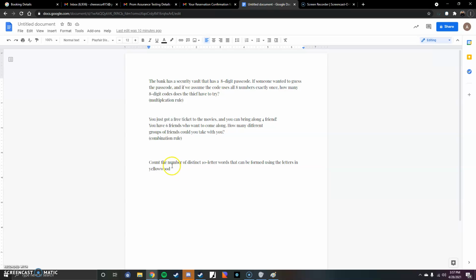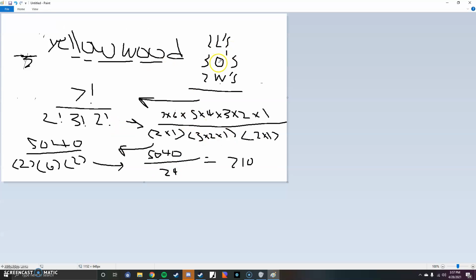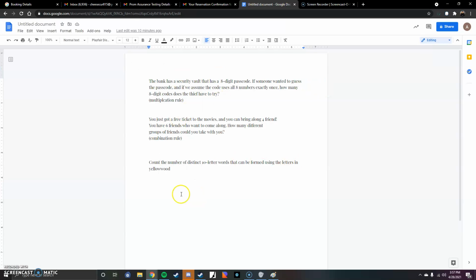So that is the amount of distinct letter words you can form using the word Yellowwood. No problem, you can just leave it like that, but you could multiply it out and show the work, and that's what I did here. So yeah, that is the project.